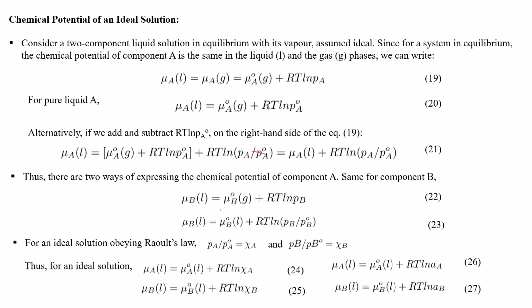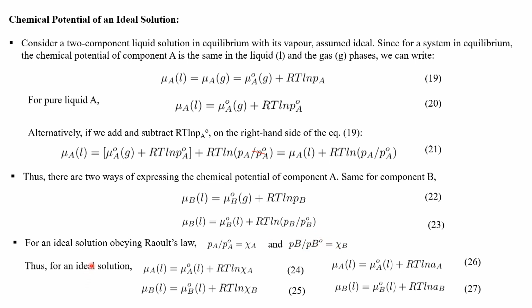Same for component B. If we carry out a similar procedure for component B, we can write mu B L is mu B naught gas plus RT ln PB, and mu B L is mu B naught L plus RT ln PB by PB naught. So for an ideal solution obeying Raoult's law, we know PA by PA naught is XA and PB by PB naught is XB.